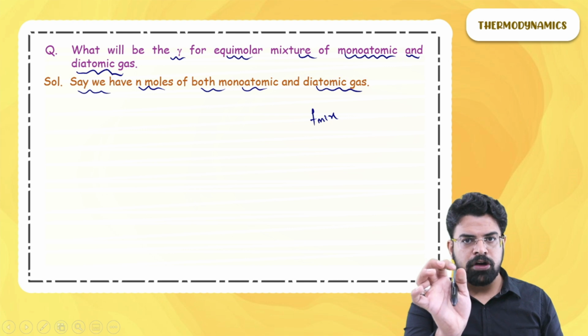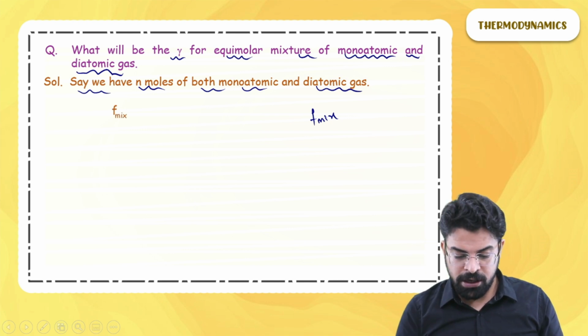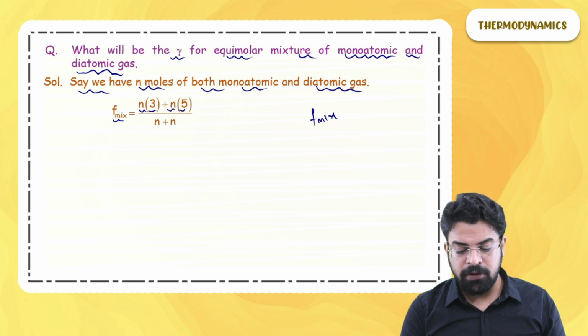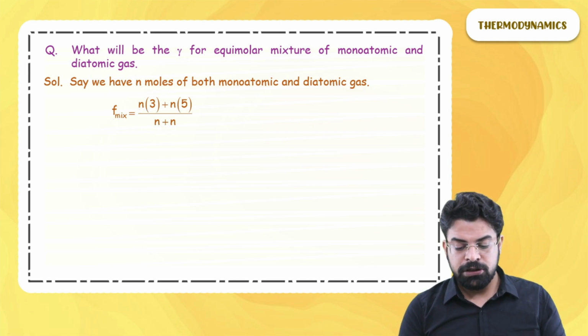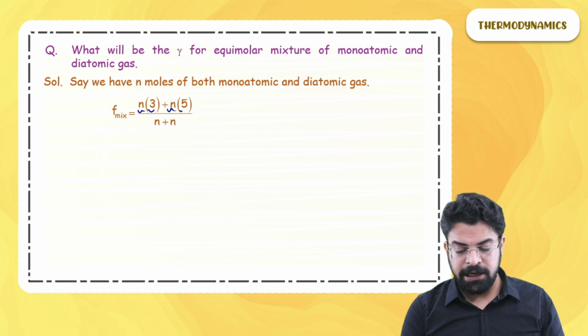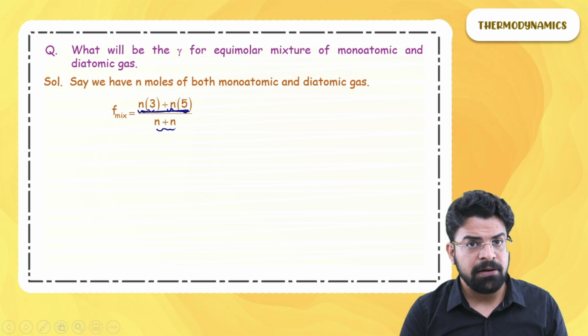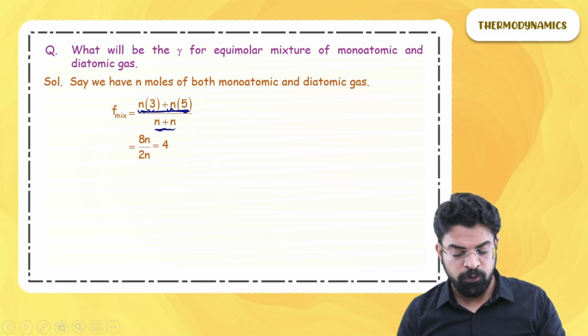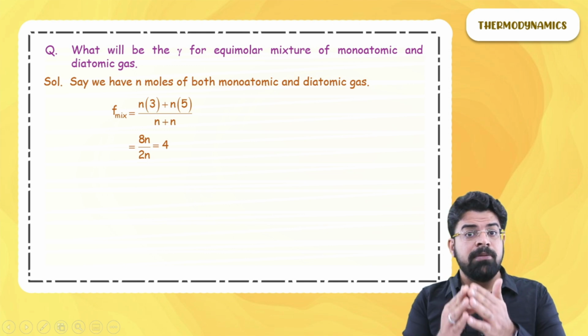The degree of freedom of mixture will be N1 F1 plus N2 F2 upon N1 plus N2. So n into 3 plus n into 5 upon 2n. The numerator becomes 8n, the denominator is 2n, so you get 8n by 2n, and that equals 4. So this is the degree of freedom of mixture.